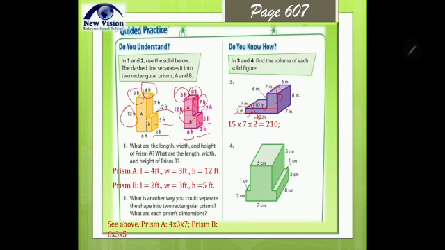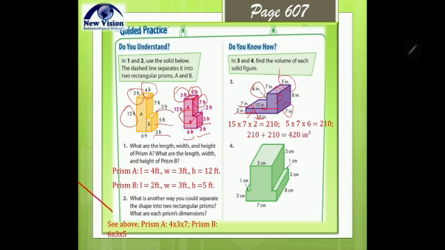For prism B, we have 5 times 7 times 6 equals 210. And finding the total volume of our prisms, 210 plus 210 equals 420 cubic inches.